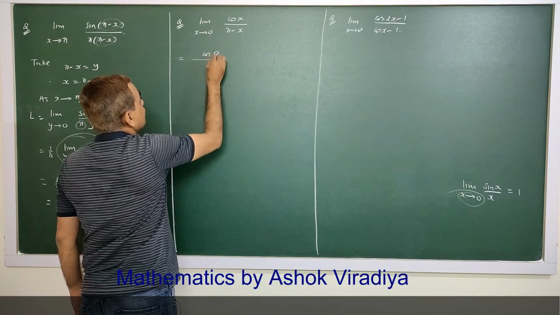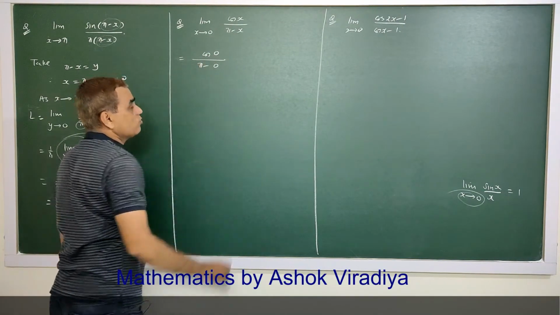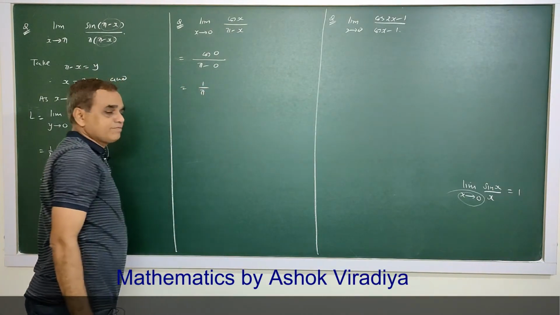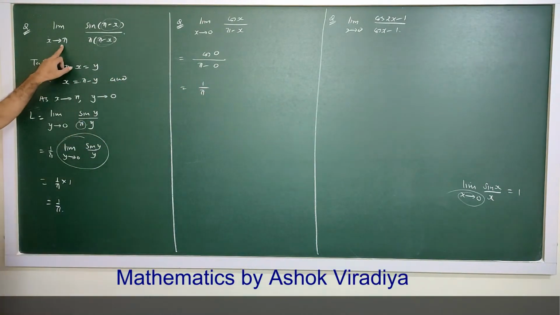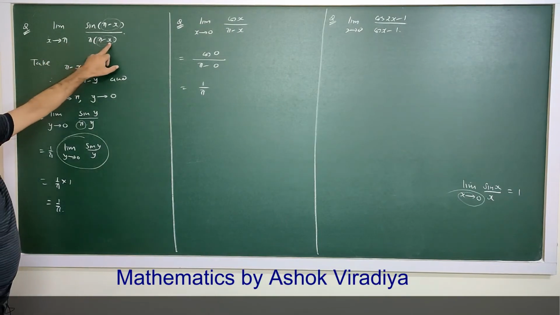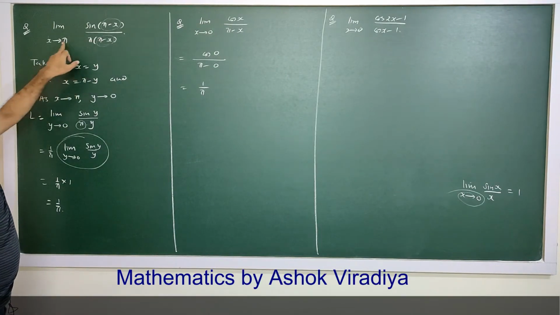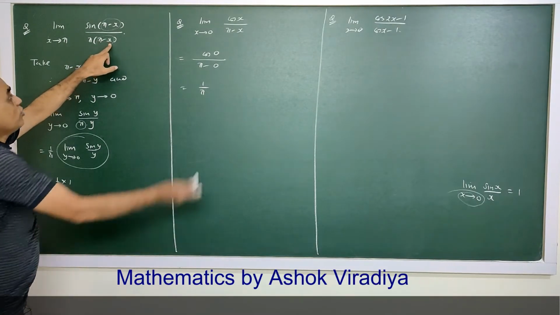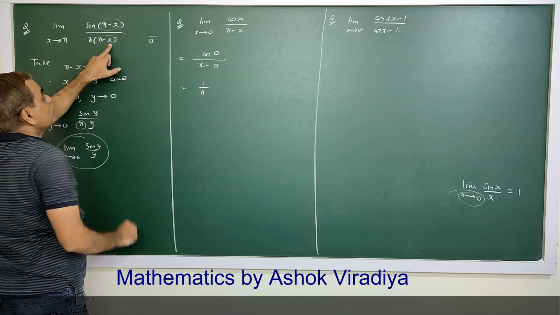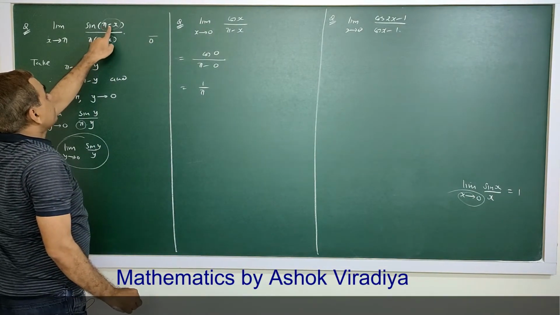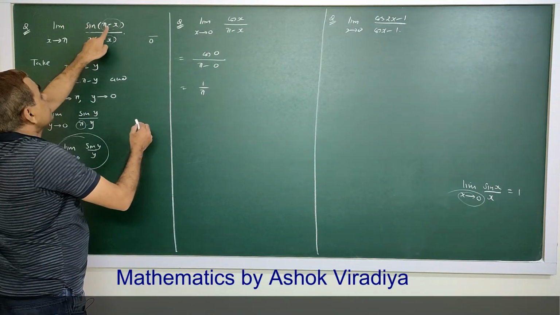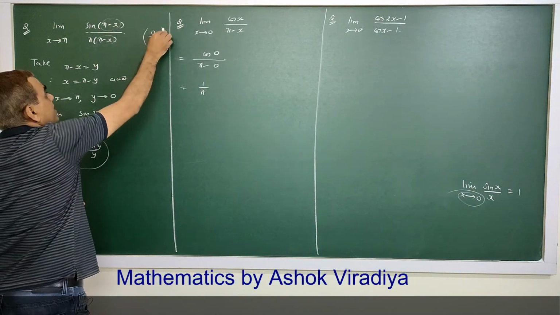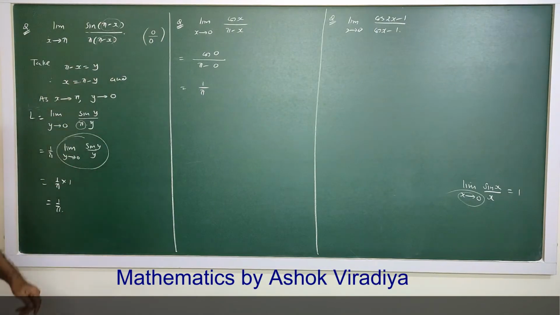So cos 0 upon pi minus 0. That is cos 0 is 1, this is pi. Here we couldn't put x equal to pi, because putting x equal to pi, see what is happening, pi minus pi is 0. So the denominator is 0, and the numerator will be sine of (pi minus pi), so sine 0, which is 0.